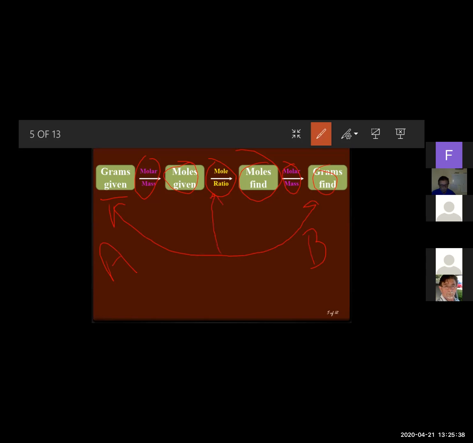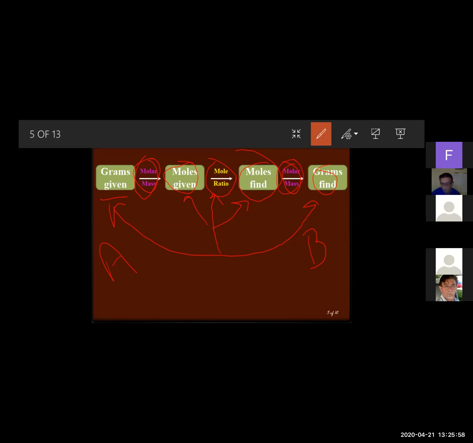You have to have moles to get from point A to point B. And to get to moles, you need the molar mass. And once you have moles, you need the molar mass again to get back to grams.